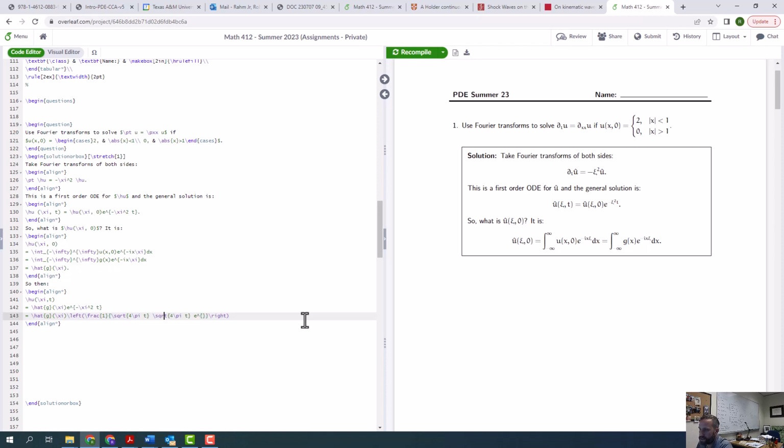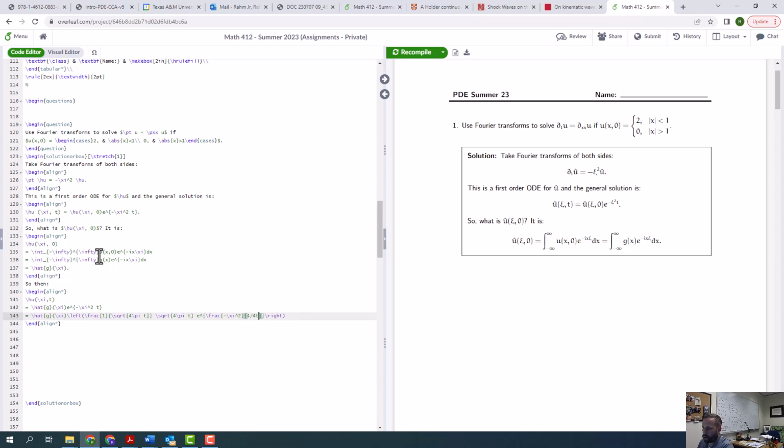I need to have this over here. So this is minus c squared. I'm going to do this as frac minus c squared, and then this is going to be 4 over 4t.